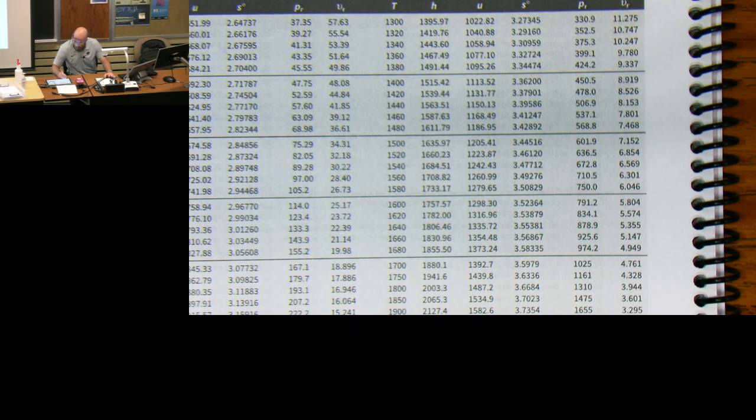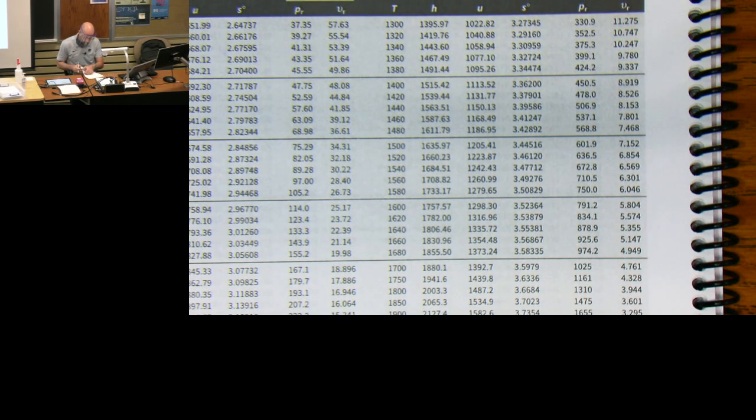So I found that U2, at 1,742.24, is equal to 1,432.5 kilojoules per kilogram.